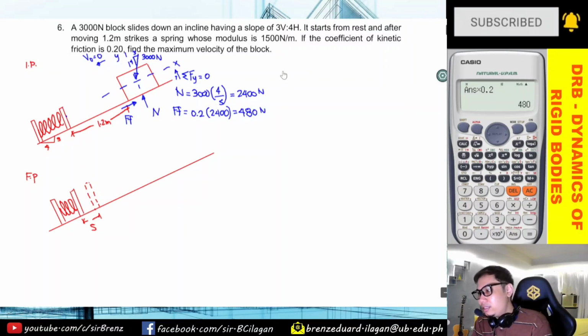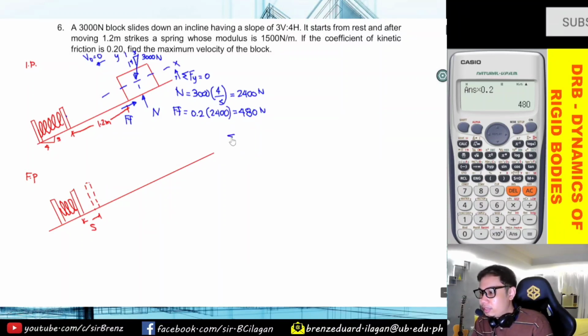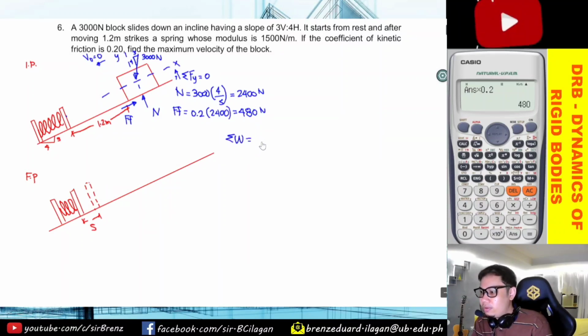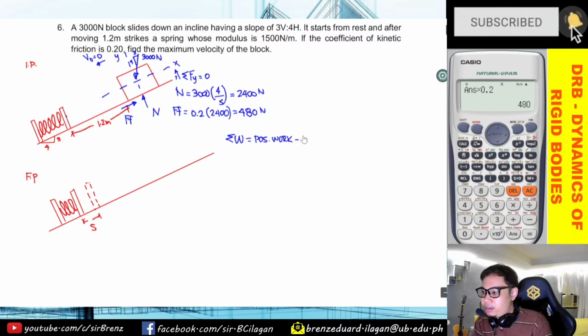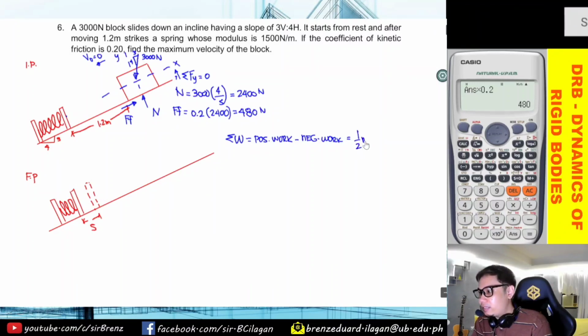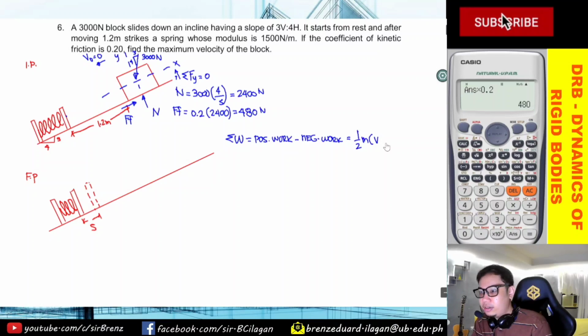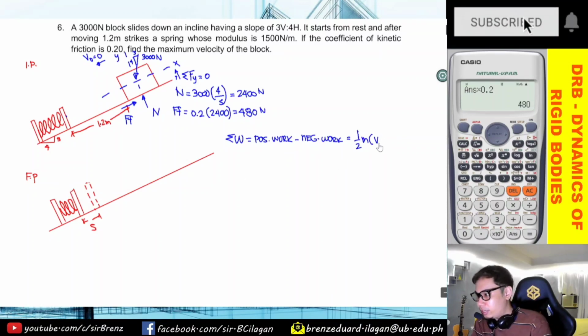So again, that is just equals lang sa summation ng work, or that is equals lang sa positive work minus negative work is equals to 1/2 of the mass times the final velocity, or yung velocity niya sa final position niya. So, gawin ko na lang v sub 2 squared minus v sub 1 squared.